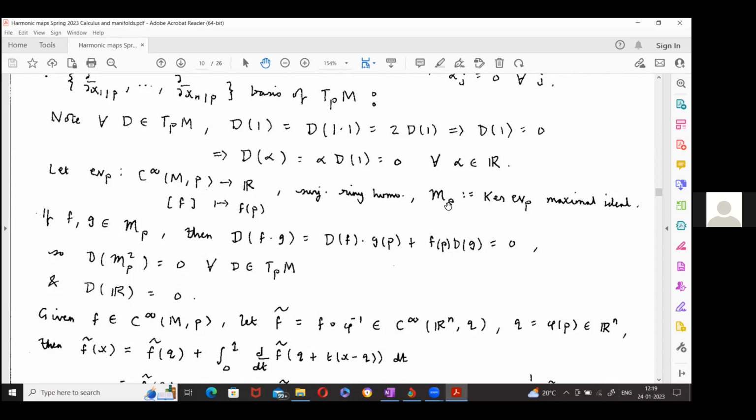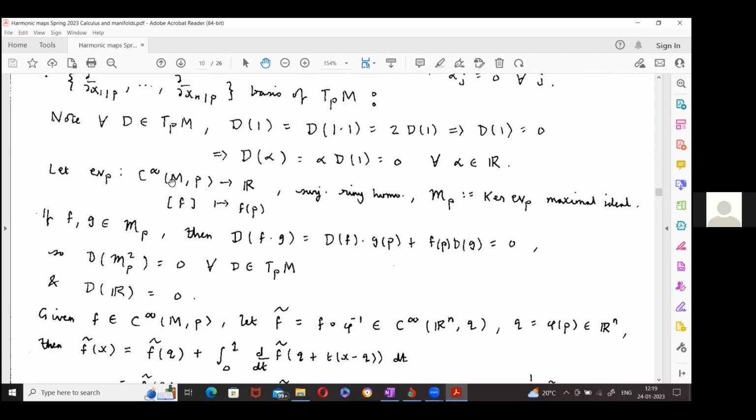And it's easy to see that this is the unique maximal ideal of this ring. In other words, this ring is a local ring. Because if you take anything outside the maximal ideal, it will become invertible. If it's outside the maximal ideal, that means f of p is non-zero. So by continuity, it's non-zero in a neighborhood of p.